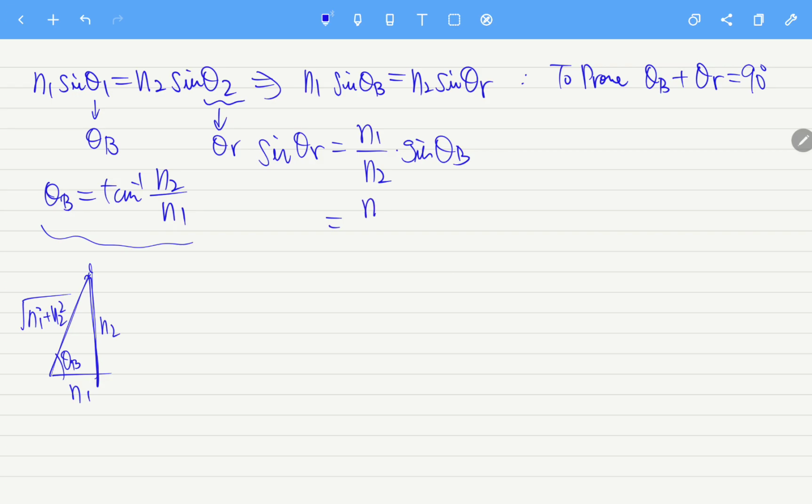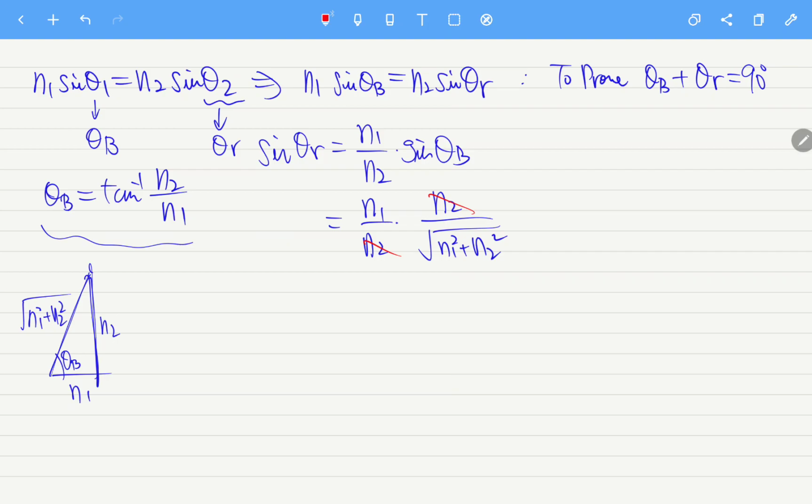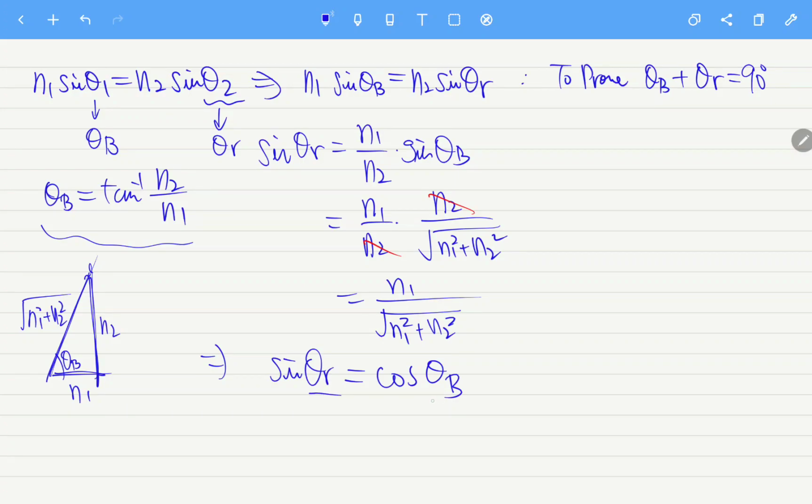So it is n1 over n2 times n2 over square root of n1 squared plus n2 squared. Here we can cancel n2, so it becomes n1 over square root of n1 squared plus n2 squared, which is actually cosine of theta b. So we have sine of theta r equals cosine of theta b.